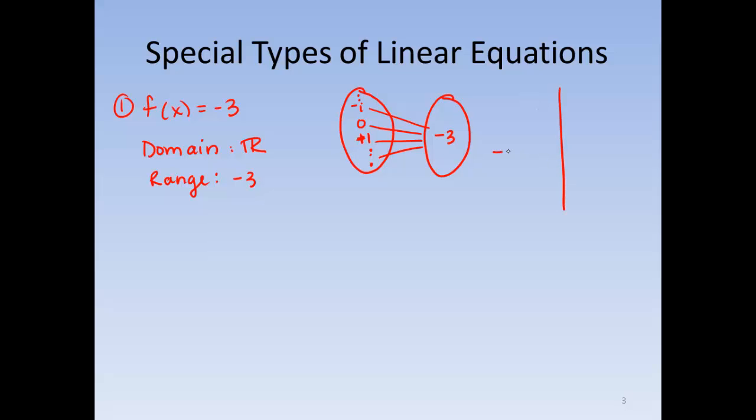And this will lead us to, for every x value, we will have a y value of -3. And I can't even put all of the points, they're infinite. And we get a horizontal line.